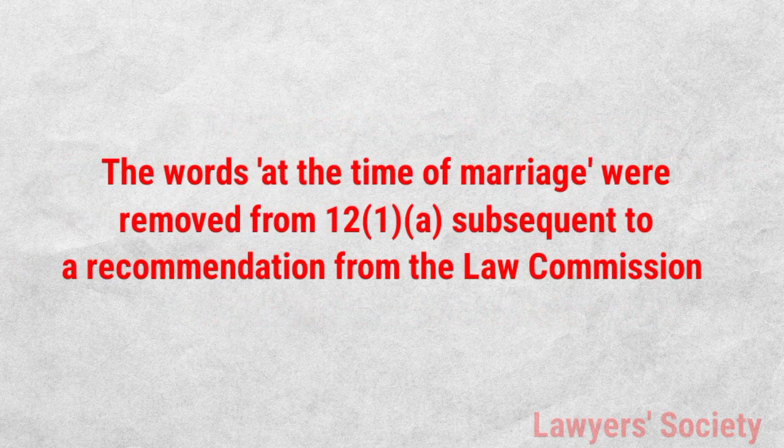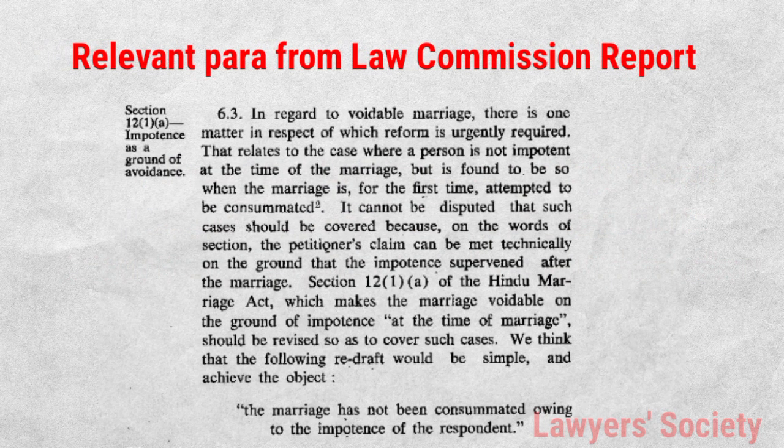Now, in this particular amendment that came out in the year 1976, certain changes were made to several provisions, and one of those changes was removing the words "at the time of marriage" from Section 12(1)(a). This is because the Law Commission recommended that these words must be removed, as they would prevent the party from filing for annulment of marriage if the impotent nature of the respondent comes into existence after the marriage.